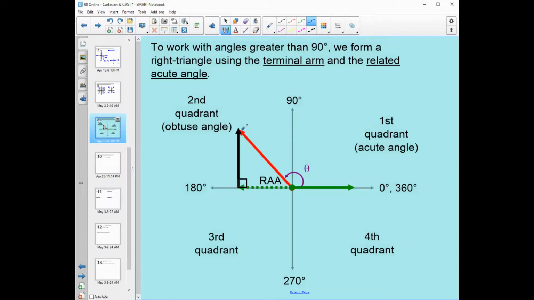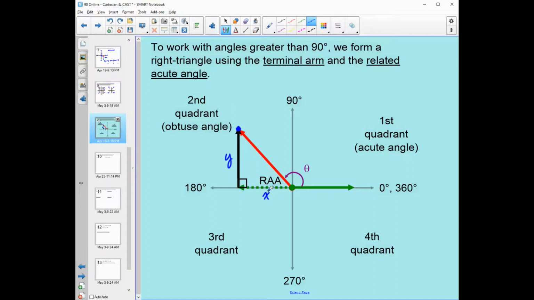So when we're trying to figure out what our angles are, we have to keep in mind that no matter where I draw my point, for example, here's the point in quadrant 2, here's the angle theta in standard position, I can still always break the problem down into an acute right angle triangle. And I can very easily solve this little triangle, figure out the y coordinate, figure out the x coordinate.